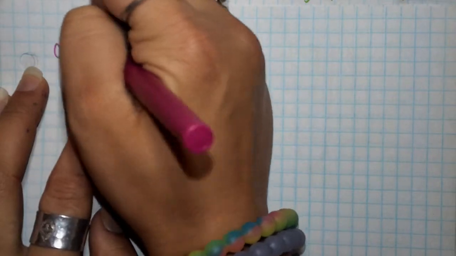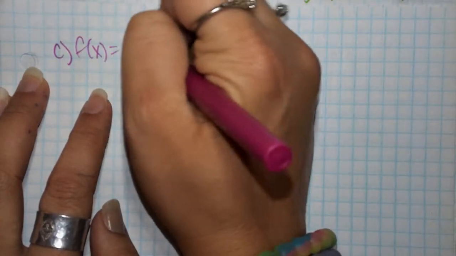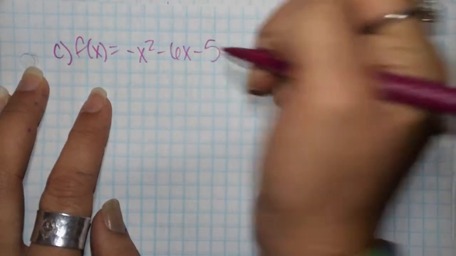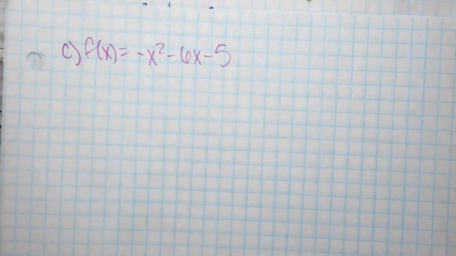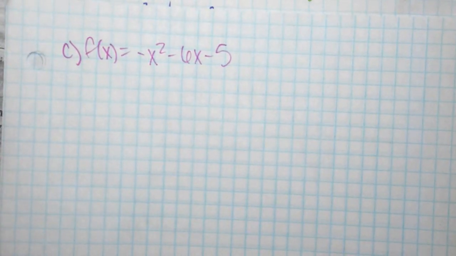C, f of x equals negative x squared minus 6x minus 5. Do you think this one's going to open up or down? Down, because it has a negative. So we need to be careful of that negative. Step 1, what do we do?